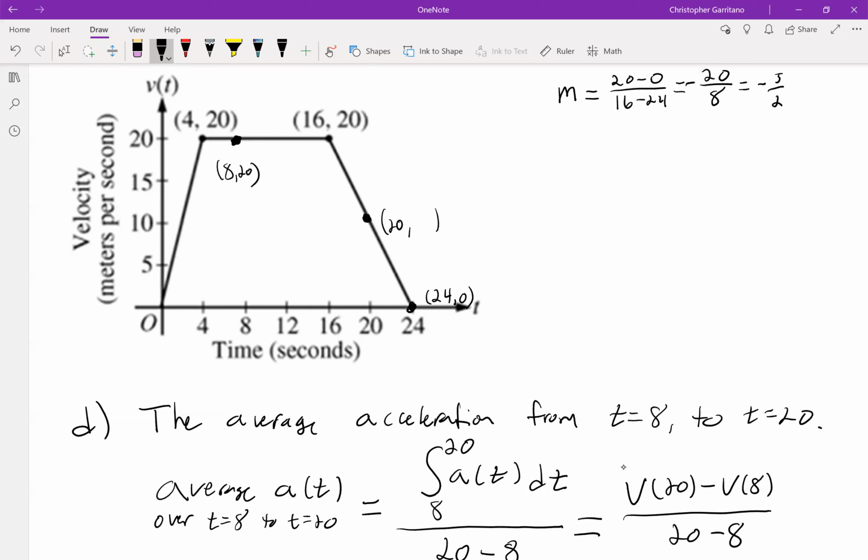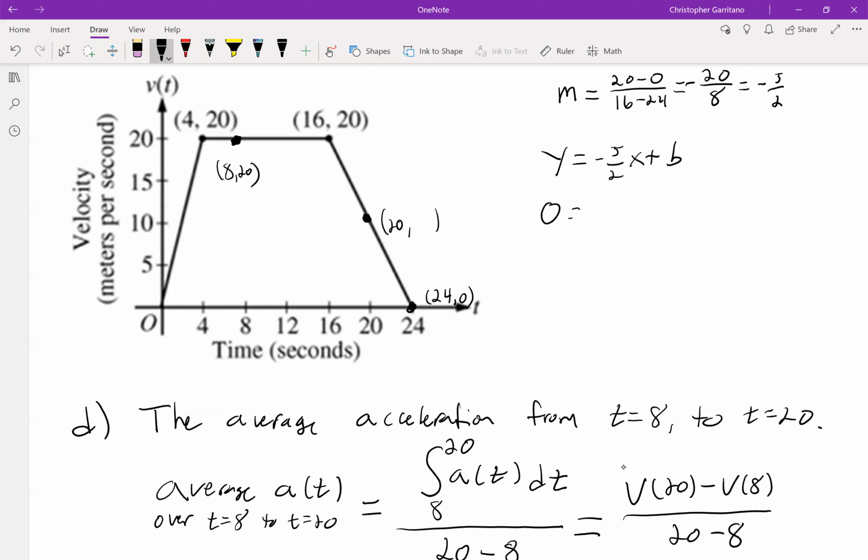Okay, I'm going to put this into slope-intercept form. So the equation of this line can be written as y equals negative 5 over 2 x plus whatever the y-intercept is. I don't know what that is yet, but I can solve for it by choosing a point on this line that I know. I'm going to use the point 24, 0.